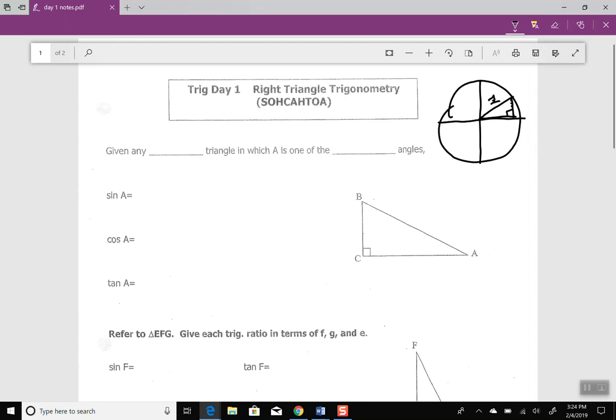So our definition of these things comes from the study of a triangle going around the unit circle. We call this length, the height of that triangle, sine. So sine is basically the y, or the height of your triangle. And then we say that the length here of that triangle is called cosine.